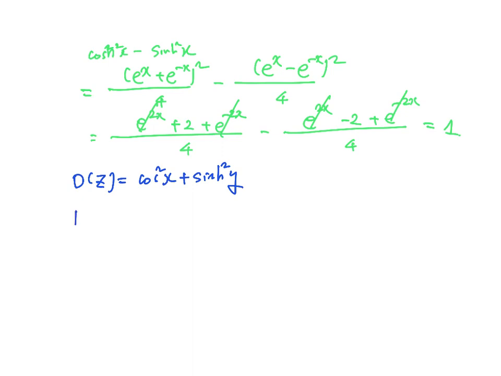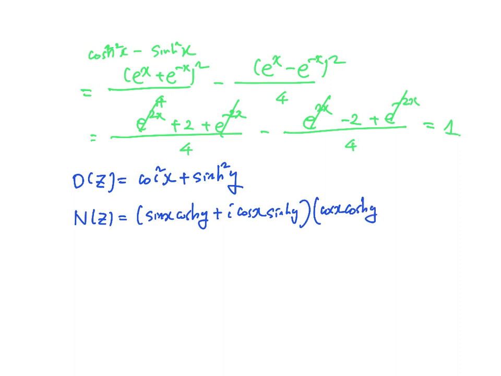Numerator: sine x cosine hyperbolic y plus I cosine x sine hyperbolic y, times cosine x cosine hyperbolic y minus I sine x sine hyperbolic y.